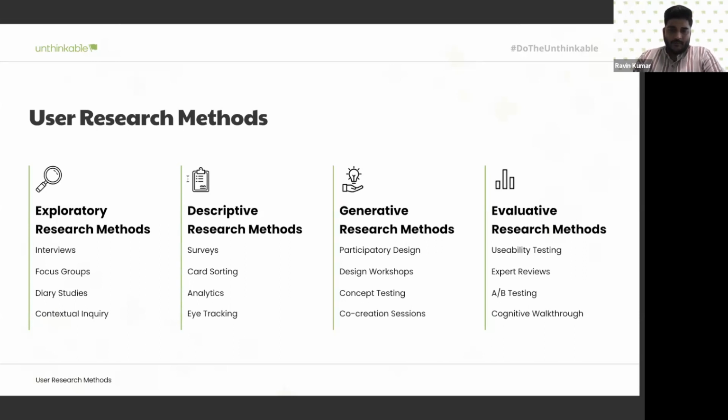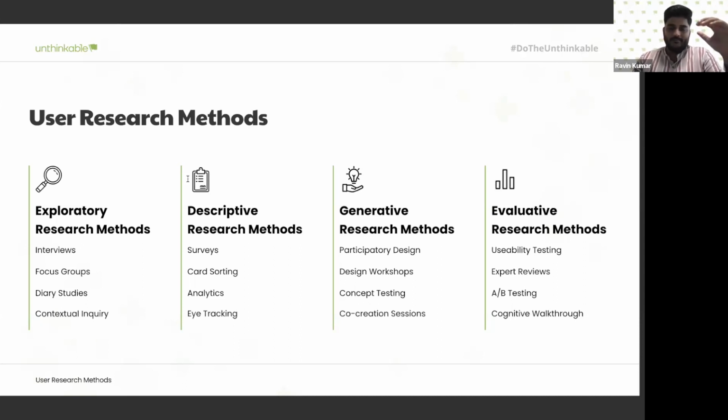There are four types of research that we generally do when we start working on any platform. One is exploratory, another is descriptive, third is generative, and fourth is evaluative. I'll talk a bit about exploratory research.